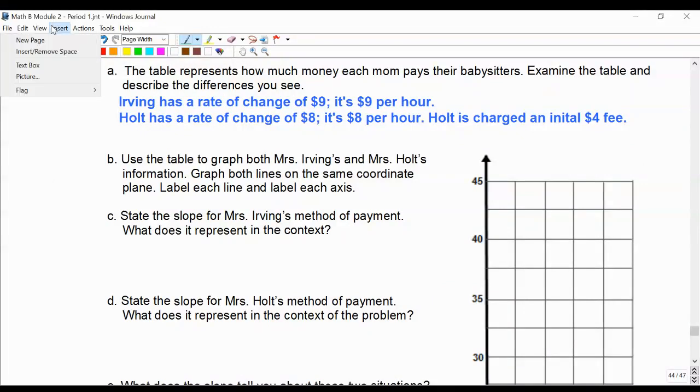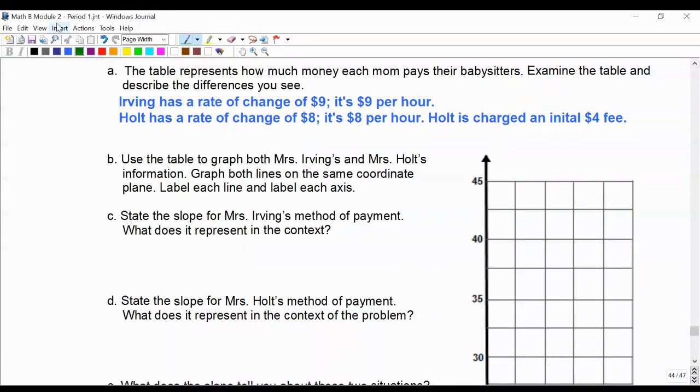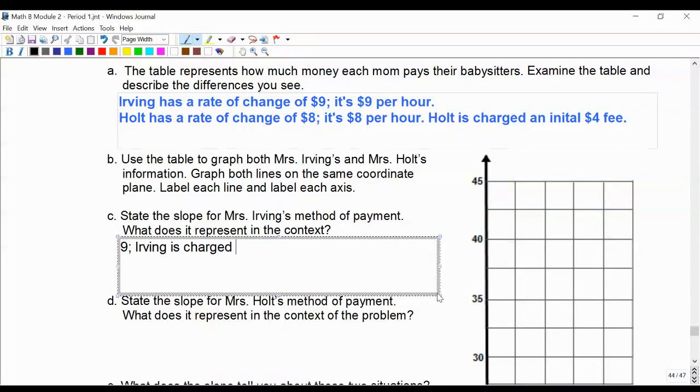All right. Let's talk about the slope for Irving. So Irving was, the slope was 9, or the rate of change is 9. So we'll say Irving is charged $9 per hour.